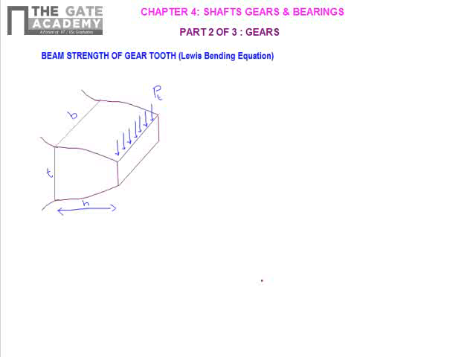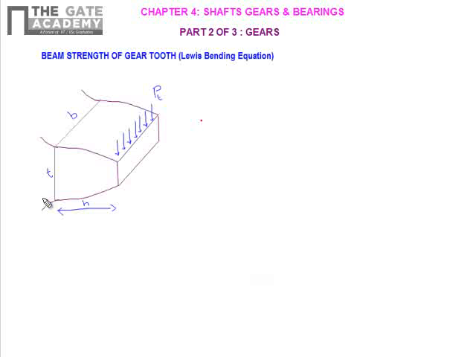Even today, the Lewis equation is considered a basic equation in the design of gears. In Lewis analysis, the gear tooth is treated as a cantilever beam as shown here. The tangential component of force, which we have found earlier, causes the bending moment about the base of the tooth. And the Lewis equation is based on the assumption that the effect of the radial component is neglected.